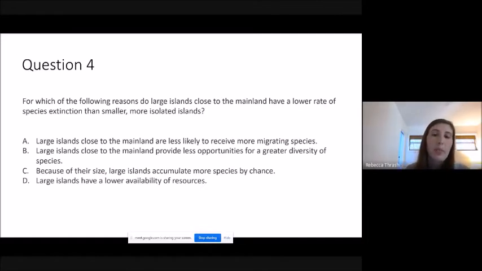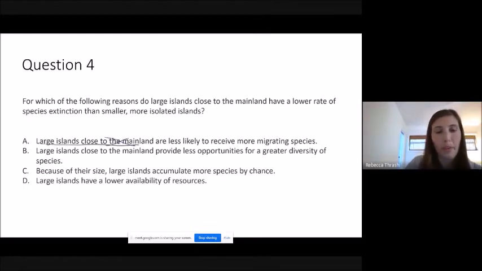For which of the following reasons do large islands close to the mainland have a lower rate of species extinction than smaller, more isolated islands? Again, this is another island biogeography question. Large islands close to the mainland are less likely to receive more migrating species. Is this true?